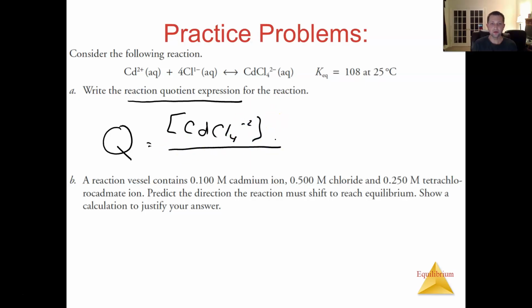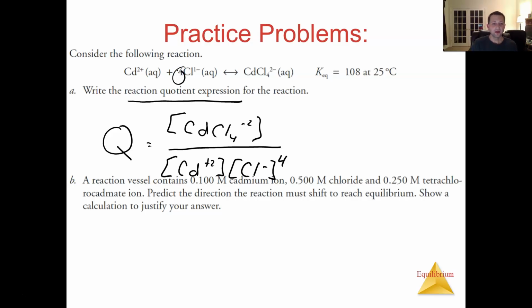And there's no coefficient there, so no exponent. It's aqueous, so that gets included in our equilibrium constant expression, or reaction quotient expression in this case. Divided by your reactants, so it's cadmium 2+ times the chloride ion to the 4th, because we have a coefficient of 4 here.